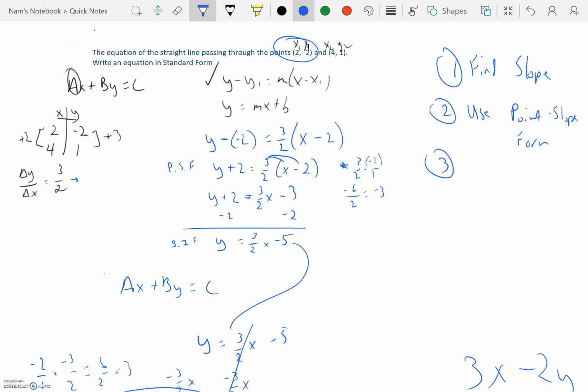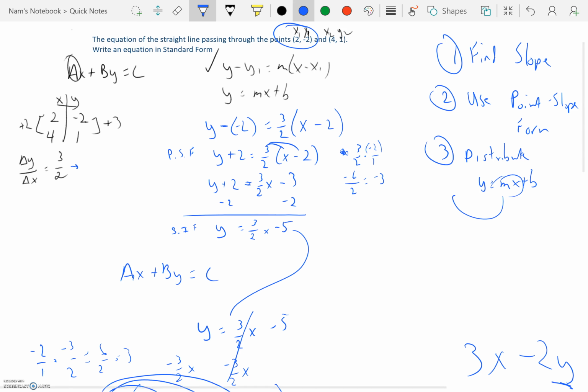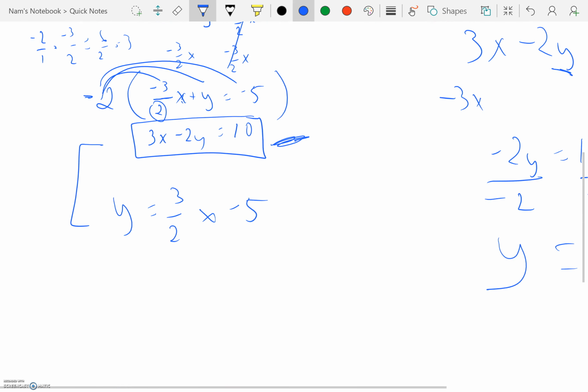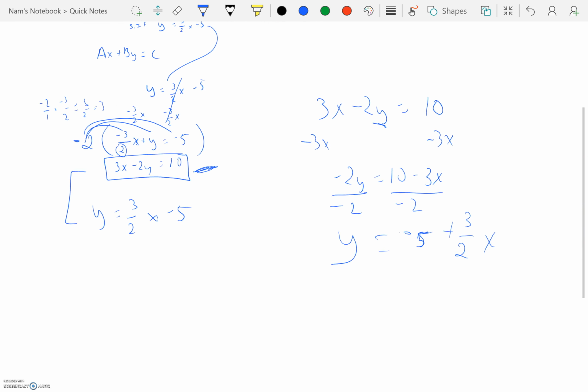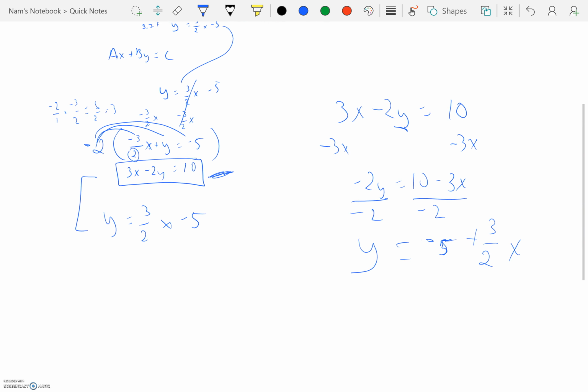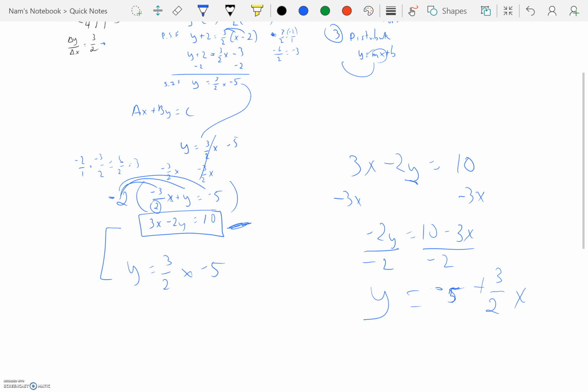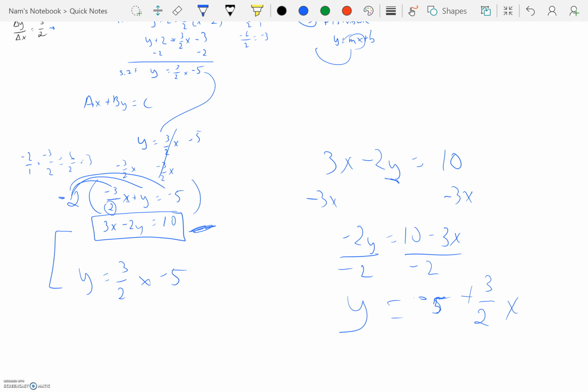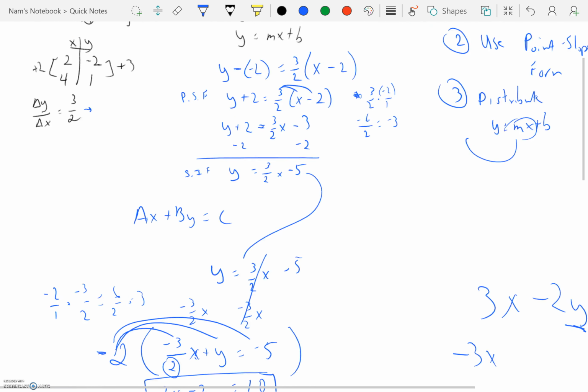Step 3, I distribute and kind of began to move into y equals mx plus b. And when I had it, I moved this over here and made everything positive and made everything whole number by multiplying by negative 2. Okay, so there we have it.